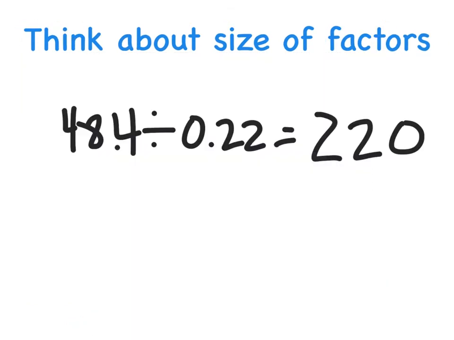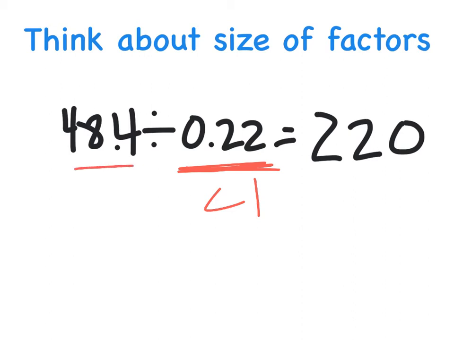For example, if we had something like this, 48.4 divided by 0.22. You're given the numbers 220 as your answer, but you need to figure out where the decimal point goes. I know that since my number that comes after the division sign is less than 1, my answer is going to do the opposite of what answers normally do in a division problem. Normally our quotient's smaller than the number we started with, but this makes it become the opposite.